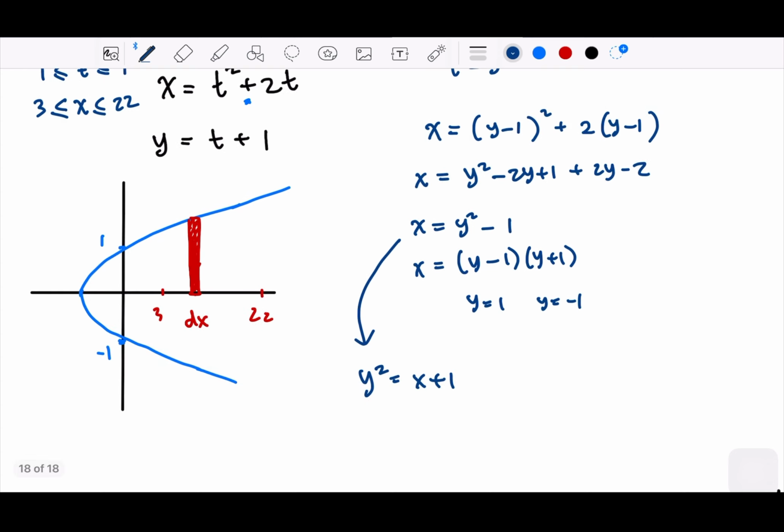Now if we are going to evaluate from 3 to 22, let's say we are just evaluating the top one, this area.